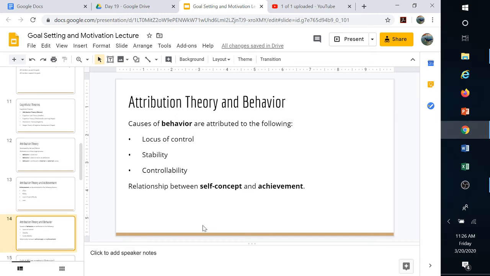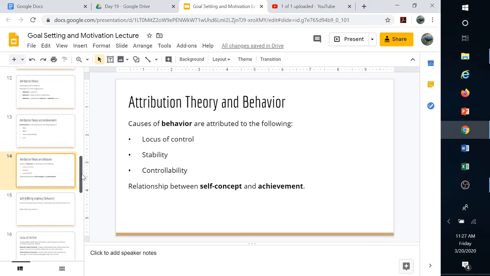So behavior is attributed to locus of control, internal versus external locus of control. We'll talk about that in just a second. Stability, controllability, how much control did you have over the situation? And the relationship between self-concept and achievement is really important.